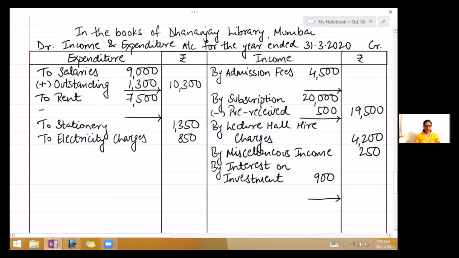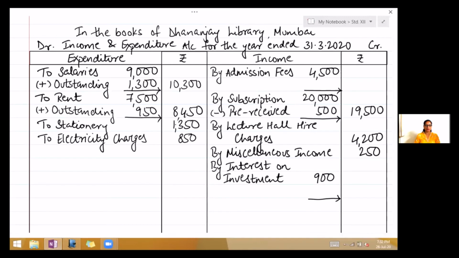Next is rent is outstanding. So add outstanding 950. Add it, take it to the outer column, 8,450.